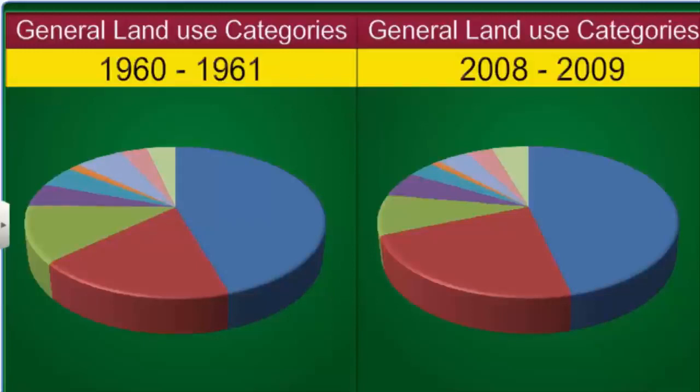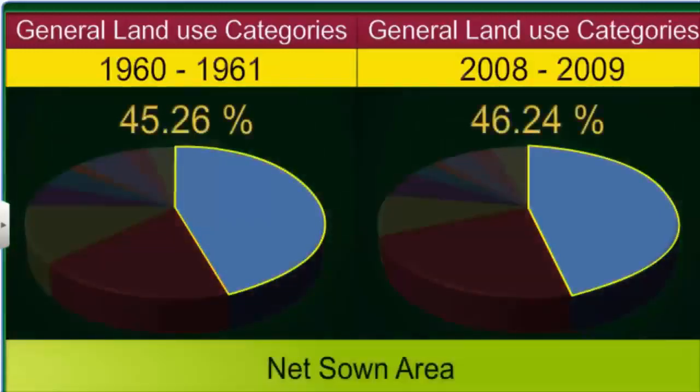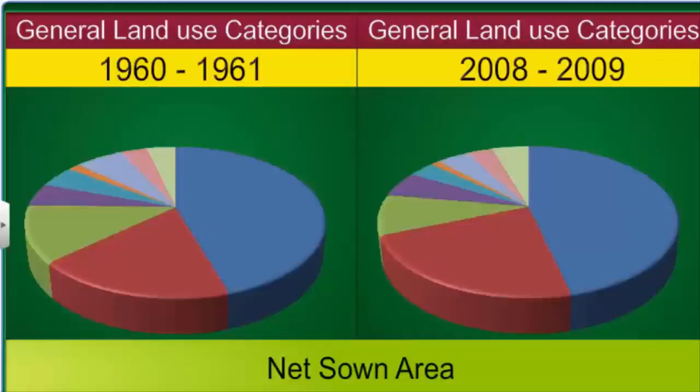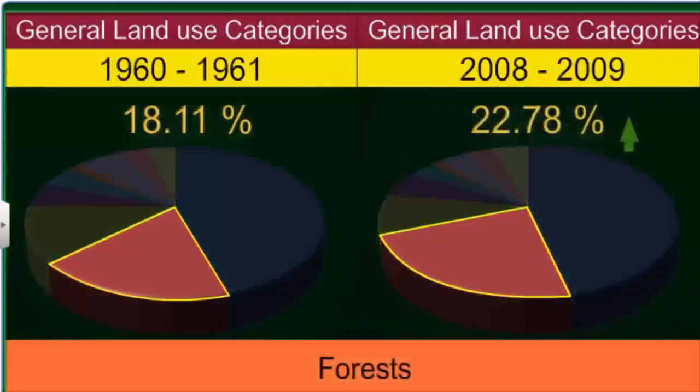Observe that there is no major change in the net sown area during the period. Note that the area under forests increased marginally from 1960 to 2009, but it is still way below the required 33% as planned in the National Forest Policy formulated in 1952.